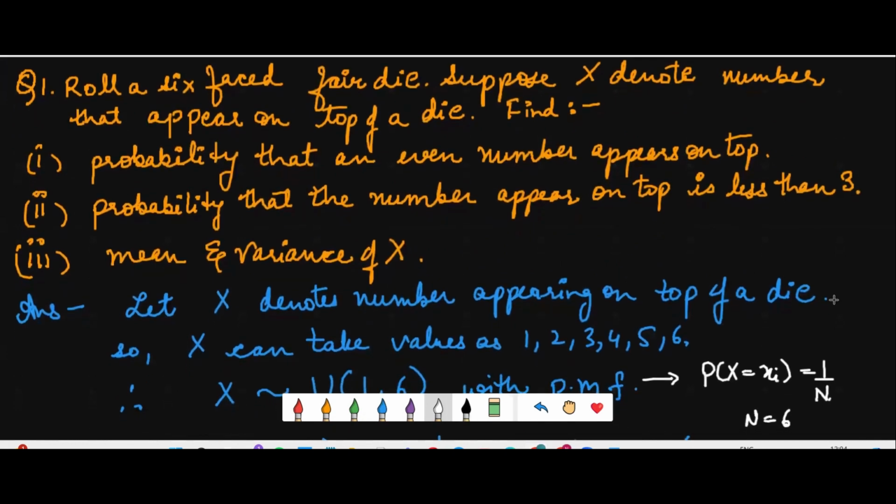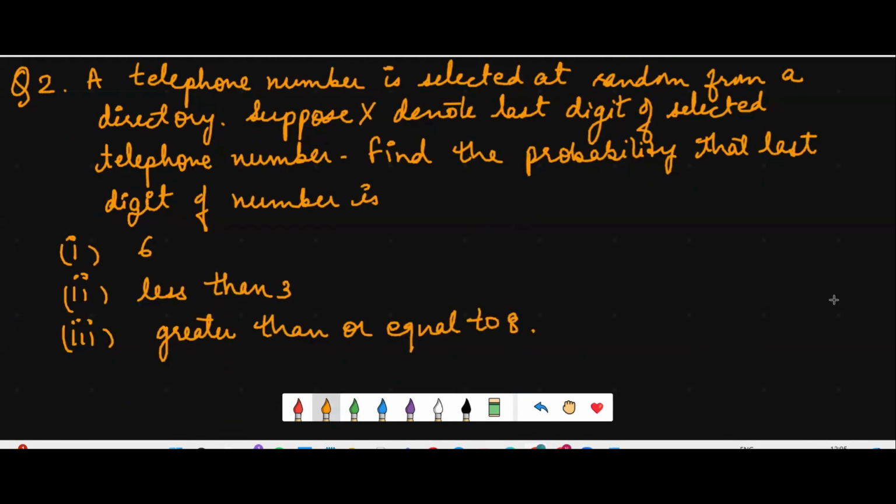Now we'll be considering the second question where we'll be applying the general uniform distribution. So consider the question. A telephone number is selected at random from a directory. Suppose capital X denotes the last digit of the selected telephone number.